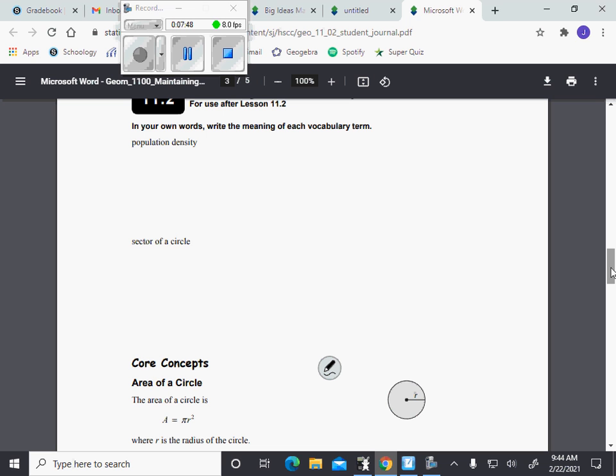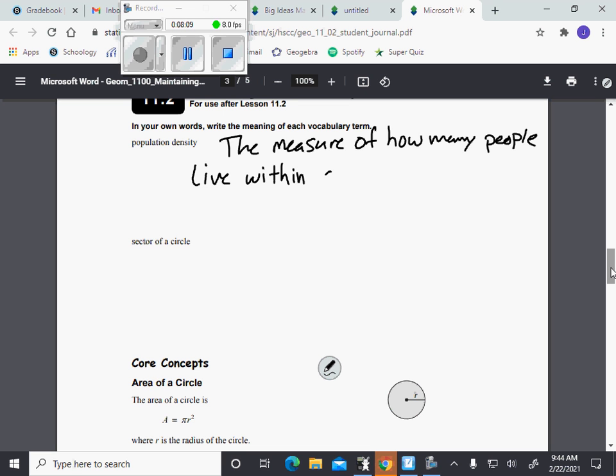It's the measure of how many people live within a given area.